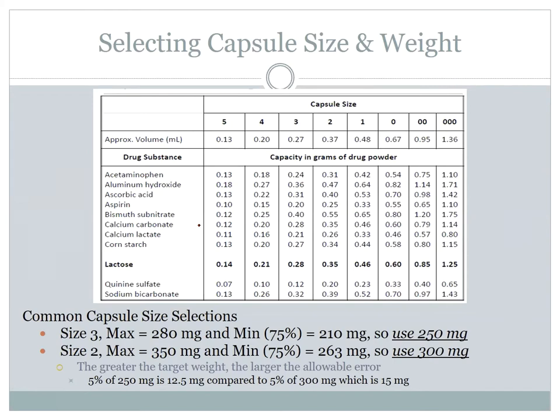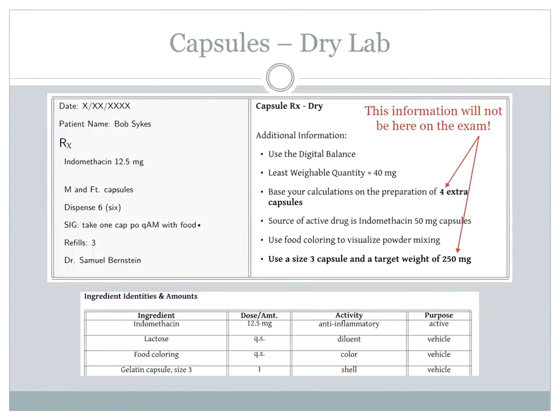So memorize, size 3, target weight is 250. For the same reason, down below you can see my numbers. A size 2 capsule, remember, is a larger capsule. A size 2 capsule's ideal target capacity is 300 milligrams. So memorize that. Size 2 equals 300 milligrams. Size 3 equals 250 milligrams. I'm going on from this point knowing that you have that memorized, okay?